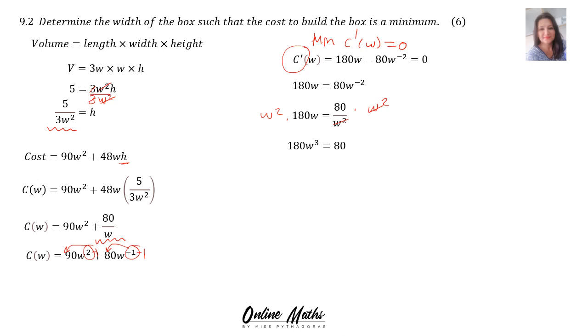There you can see, and then in the next step I am going to divide both sides by 180 just to get W to the 3 on its own, and then that is 4/9. And then to get rid of the power of 3, I'm going to take the cube root, and the answer is W is 0.76.